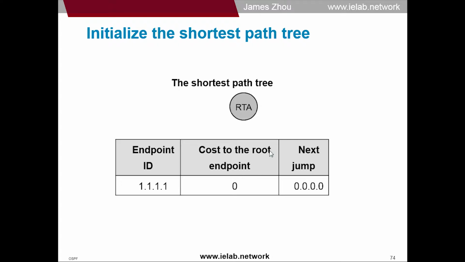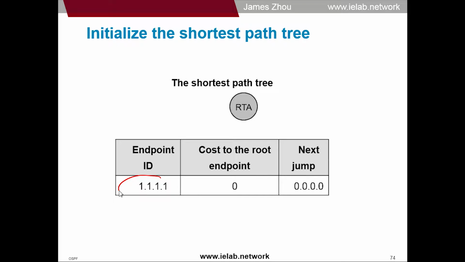Now we run the SPF calculation on RTA. Take RTA as the root. For the shortest path tree, you can see here is the path list. It has three tuples.